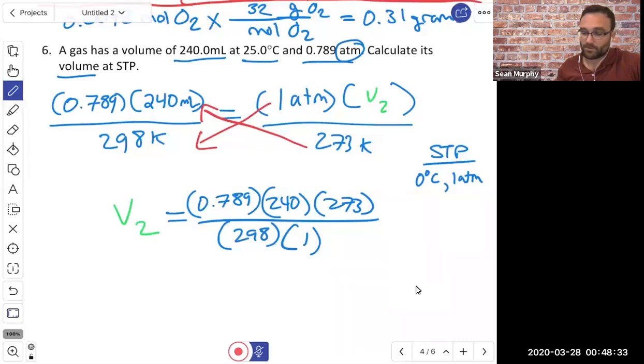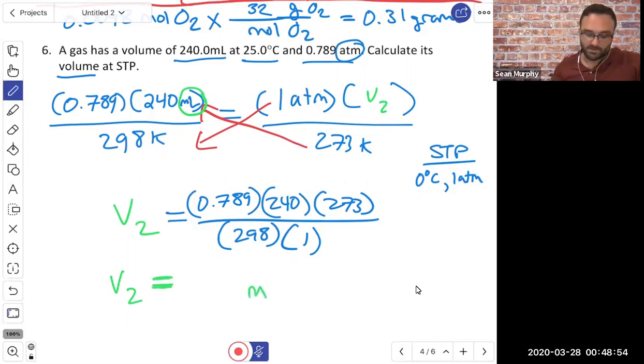Solve for our volume. And remember, since we started with milliliters, we are going to end with milliliters. You can use milliliters in this formula, but just remember what you start with is what you're going to end with.